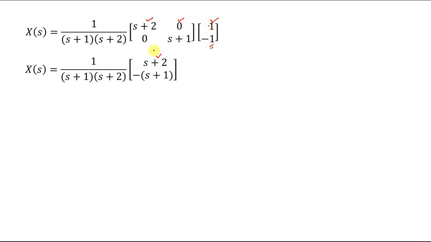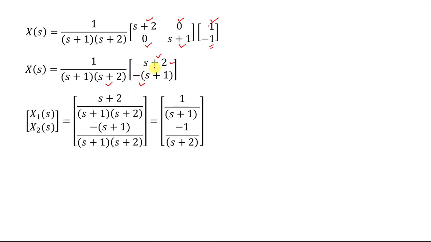Again 1 multiplied by 0 is 0, and s plus 1 multiplied by minus 1 is minus (s plus 1). Dividing by the determinant (s plus 1)(s plus 2), the s plus 2 cancels out in the first term and the s plus 1 cancels out in the second. So we get 1 upon s plus 1 and minus 1 upon s plus 2.